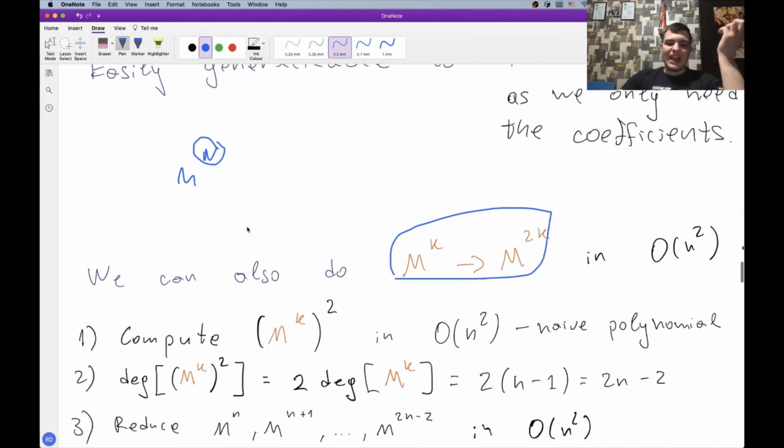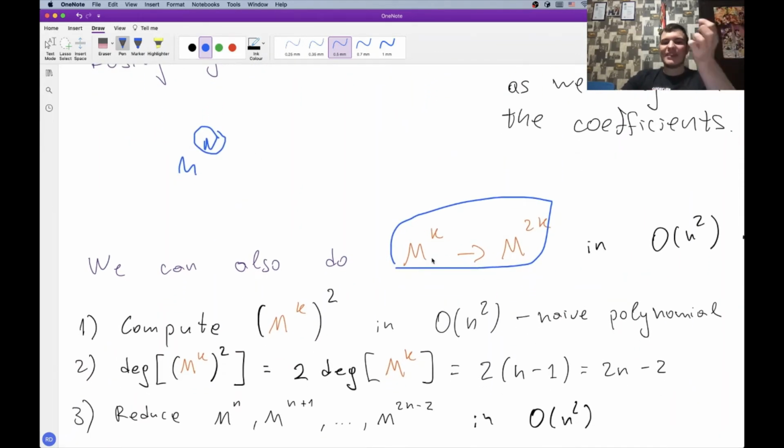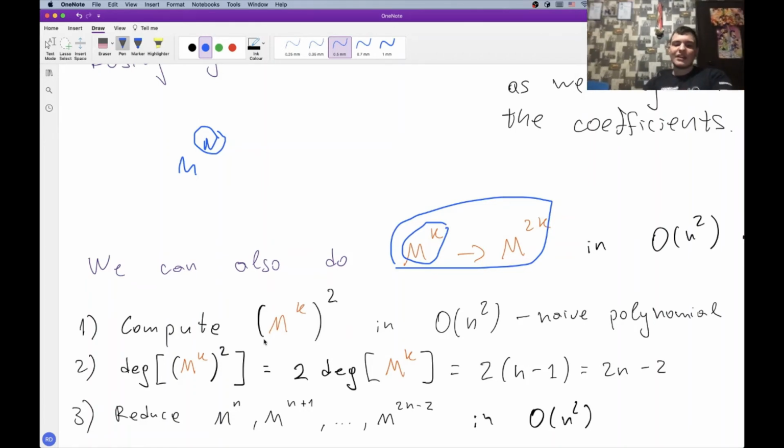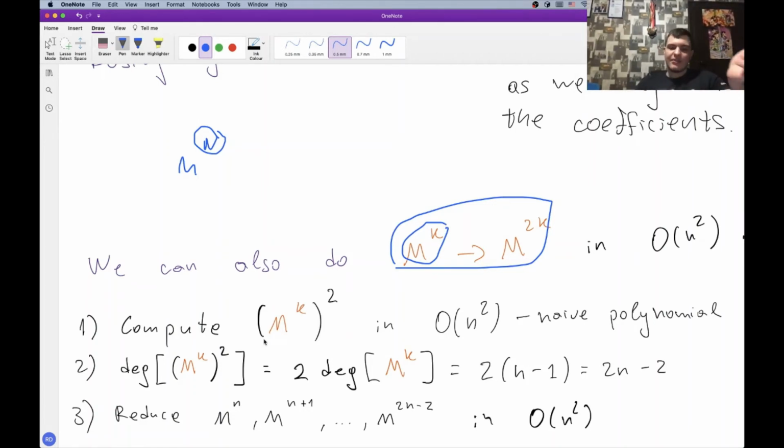So what we actually do is pretty simple. Imagine we know mk, which is obviously a polynomial of degree 3 right now, at least for our example. Imagine that the degree is actually n for our polynomial.